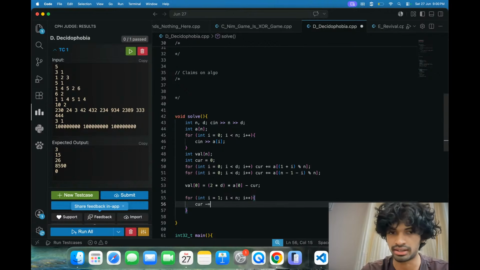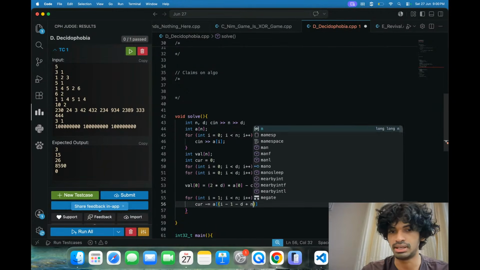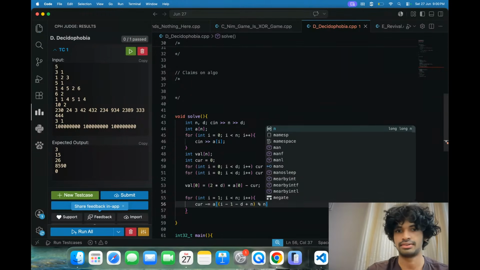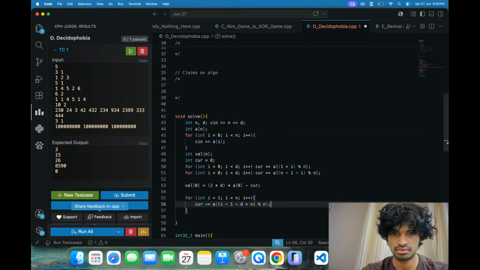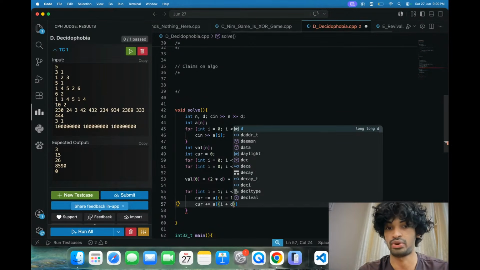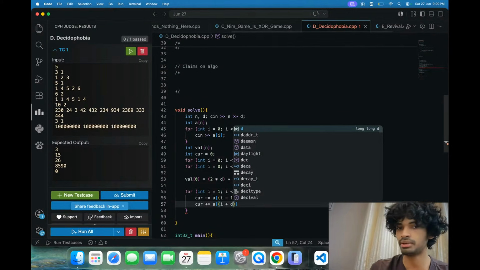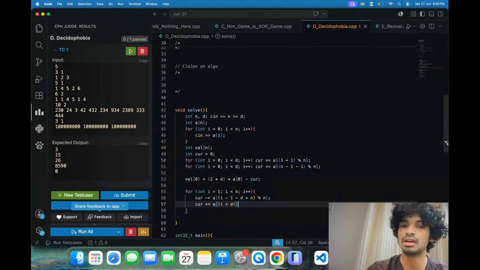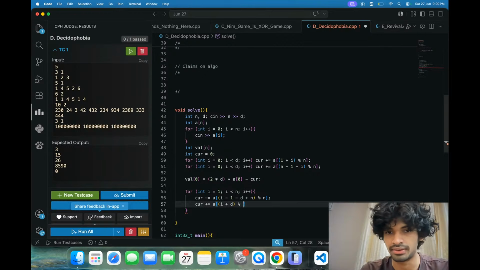That's what you want to subtract. cur minus equals a of (i minus 1 minus d plus n) remainder n. cur plus equals a of i plus d, plus 1, plus 2, and so on up to i plus d. Here I used i minus 1 because I kept 0 to d index, plus here we have to add (i plus d) remainder n.